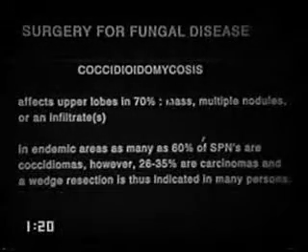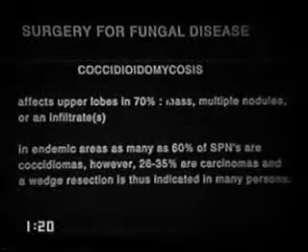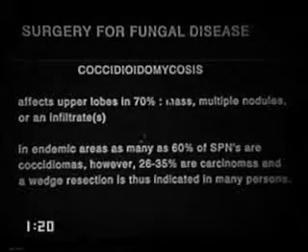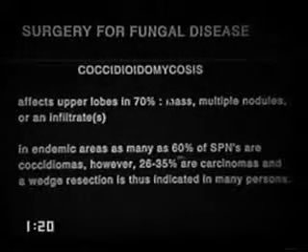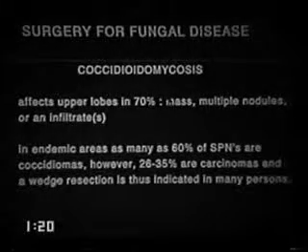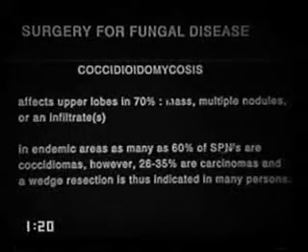And so just because a patient is in an endemic area and has a solitary pulmonary nodule, it doesn't mean that it shouldn't be aggressively investigated to be certain that this is not a carcinoma. Certainly the minimum of a wedge resection is indicated in many persons to rule out carcinoma.